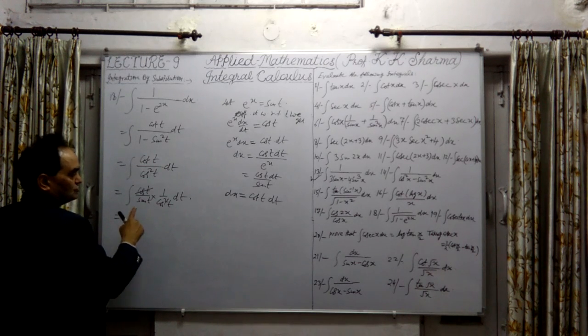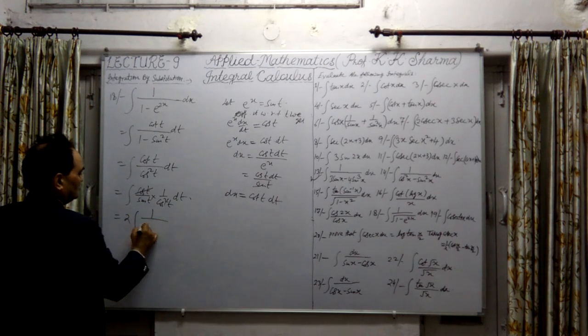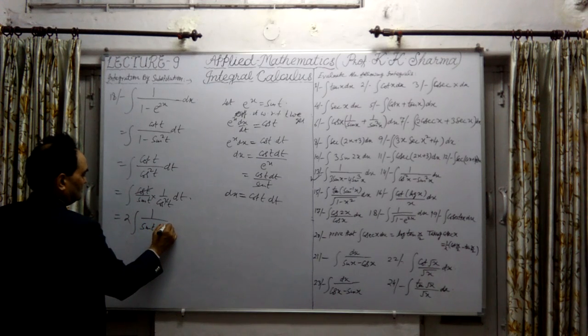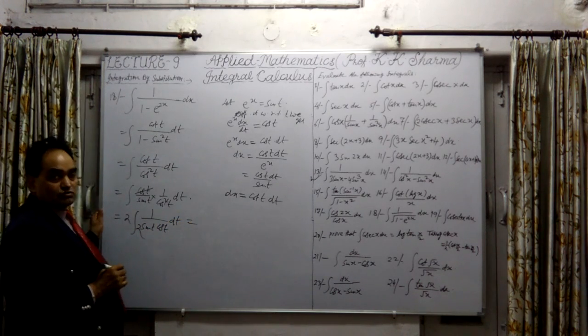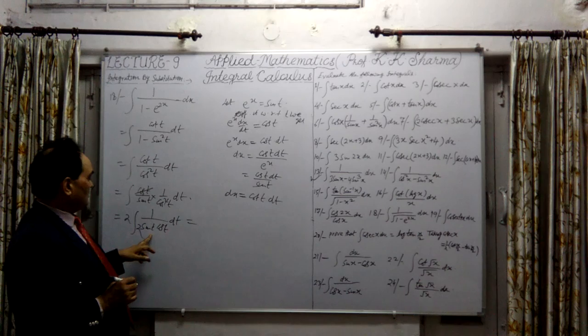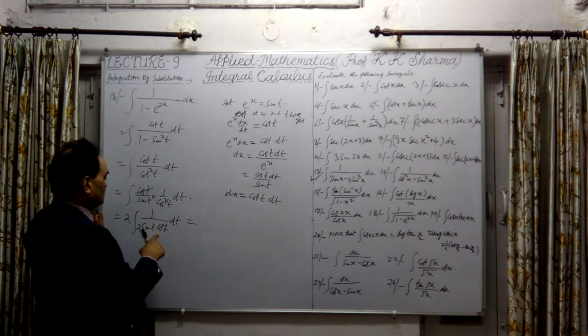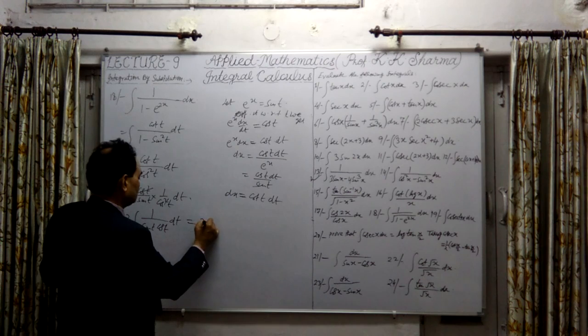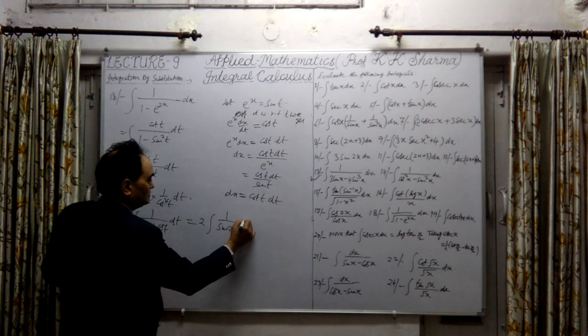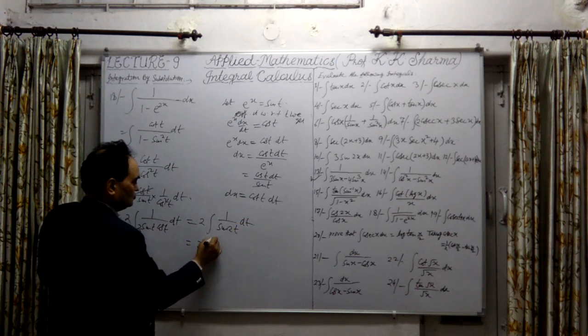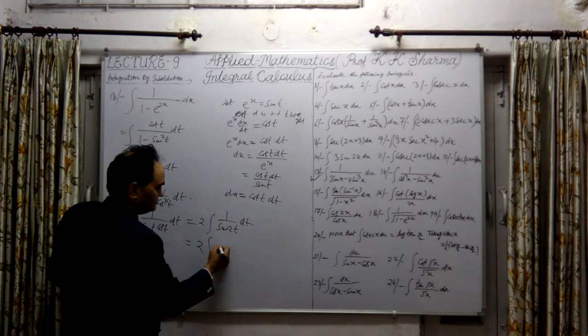We multiply and divide by 2, and we can write it as twice into 1 upon sin t cos t into 2 into dt. Here 2 sin t cos t is sin 2t, so this is twice into 1 upon sin 2t into dt, that means 2 into cosec 2t into dt.